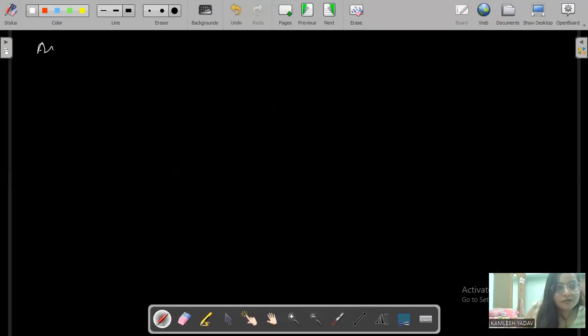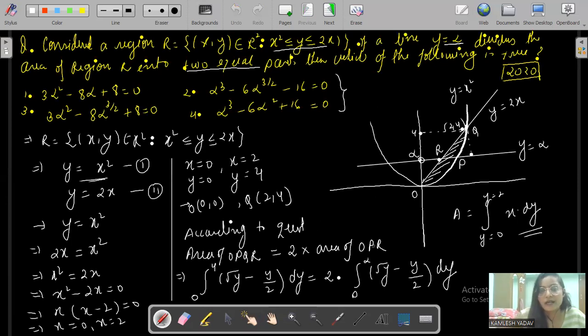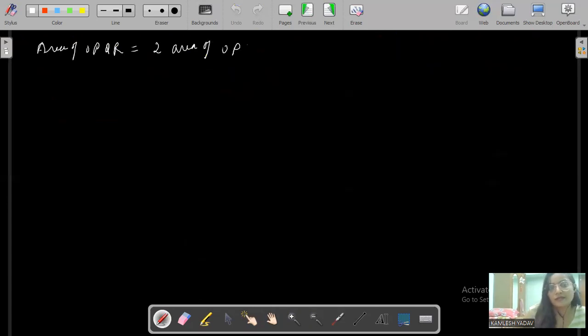Area of OPQR is equal to 2 into area of OPR.